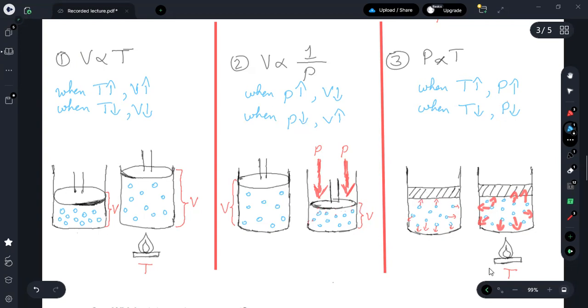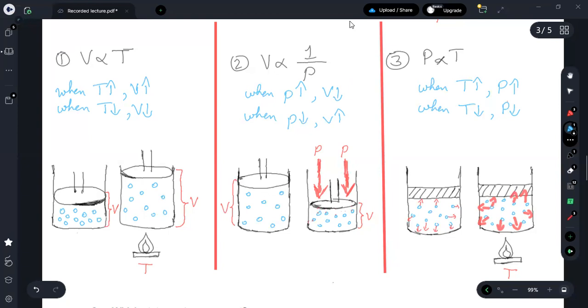So in this case, when I provide the temperature, as I've shown by the thickness of the arrows here, the pressure was less. But when the temperature increases, the particles gain kinetic energy. So they strike the walls of the container with more force and also more often, that is, they strike the walls more times per unit of time. Therefore, the pressure increases when the temperature increases.